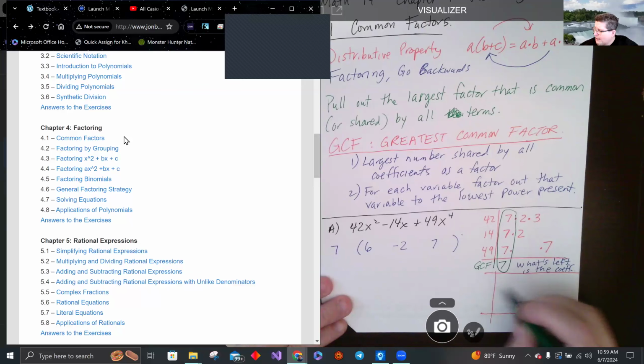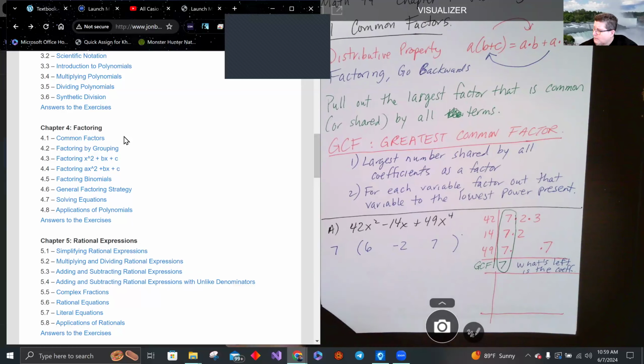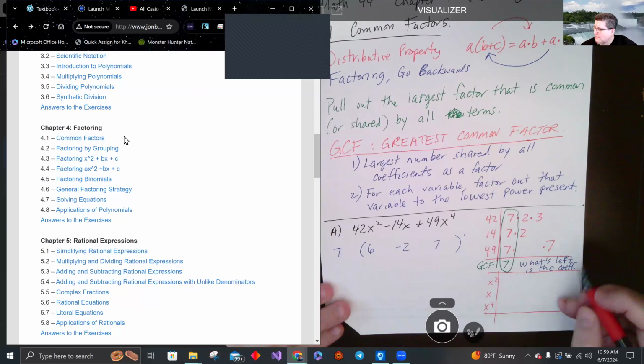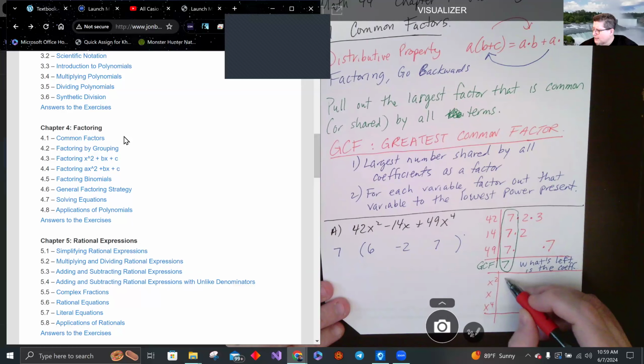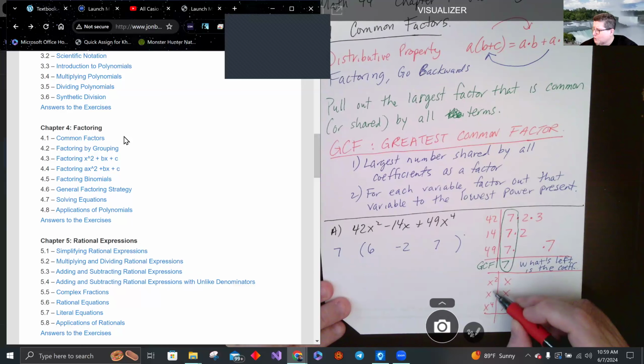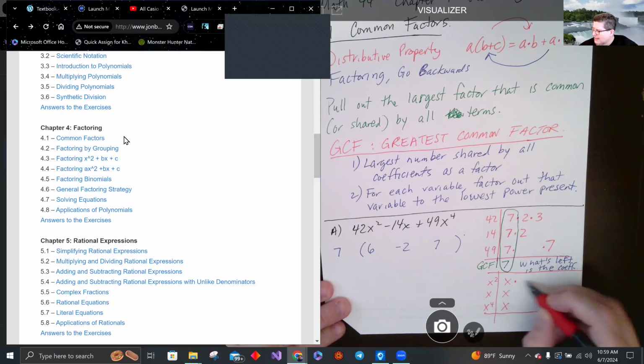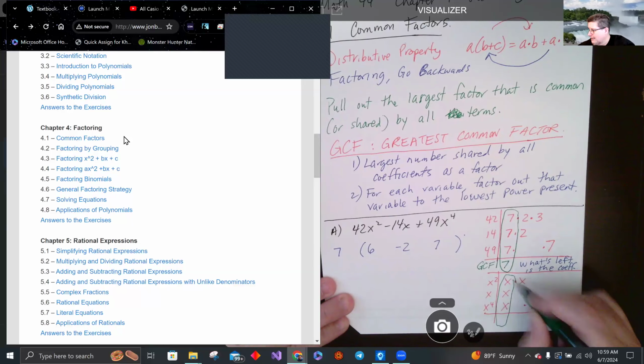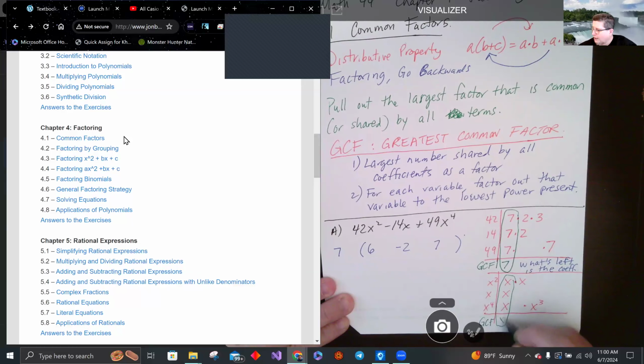Then I'm going with the variables, x squared, x, and x to the 4th. The lowest power present is the x to the 1st power. This one has an extra x, and this one has an extra x cubed. So my GCF here is, again, the completely filled columns, x.